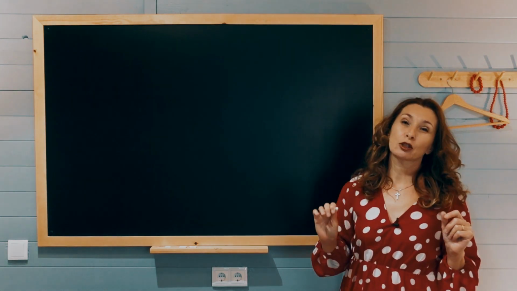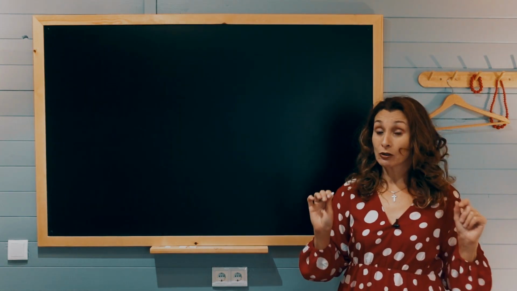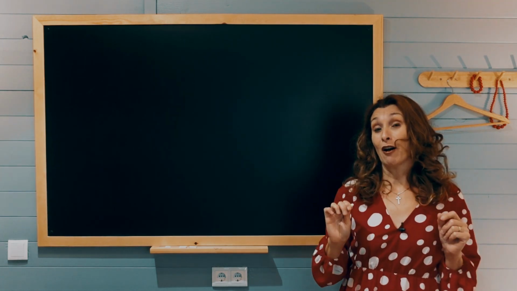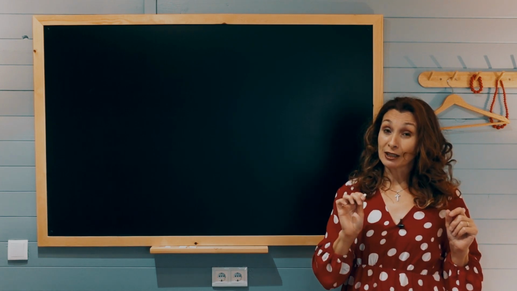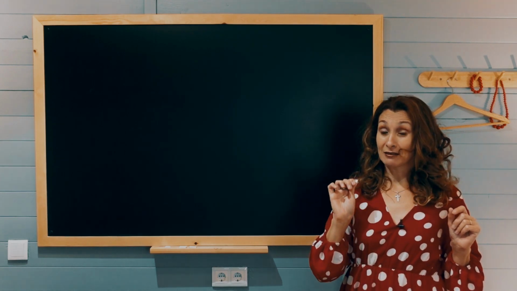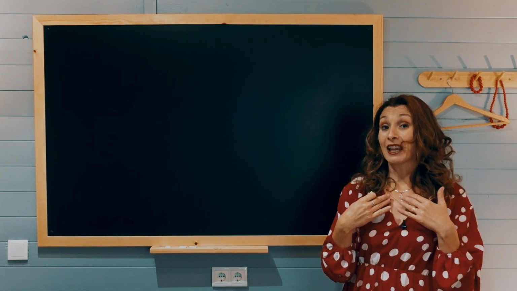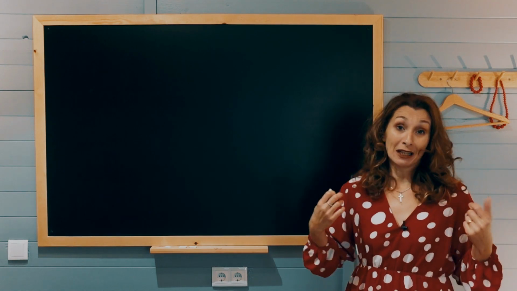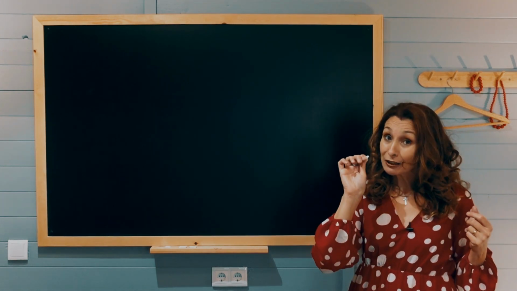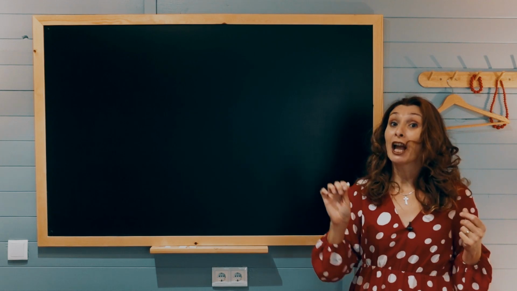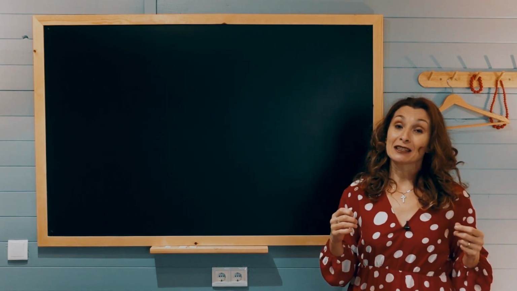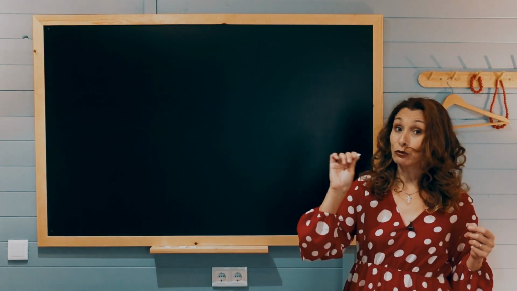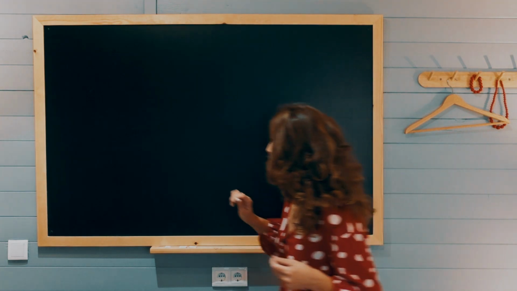The first group are going to be those verbs where the root of the verb only changes in the first person singular. So when I say yo, when I speak in my own name, only the first person singular yo or I is when we see this irregularity where the root of the verb changes.